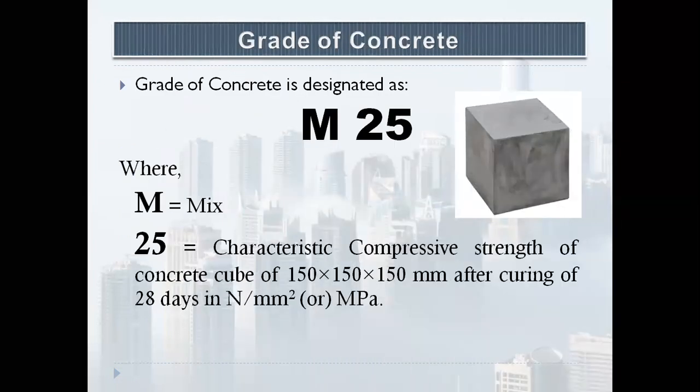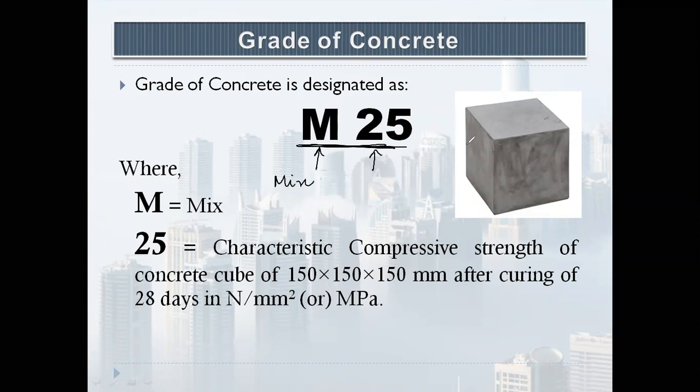Now, how is the concrete grade specified, or denoted? The grade of concrete is designated like M25. M means mix and 25 means compressive strength.